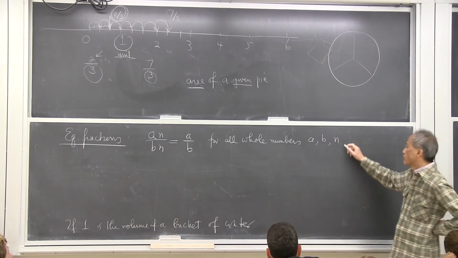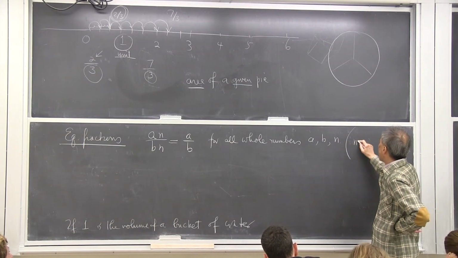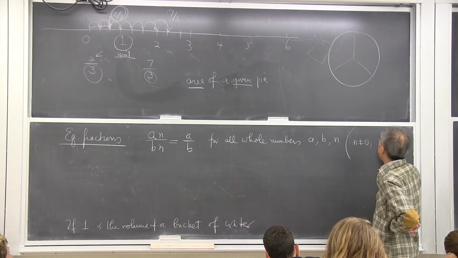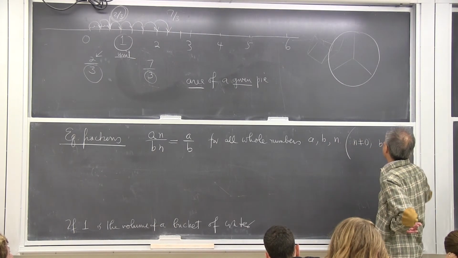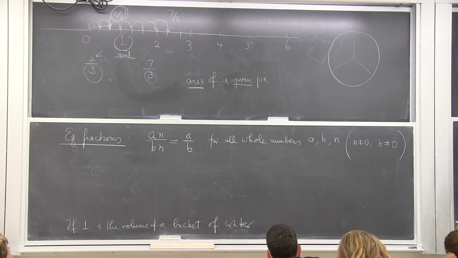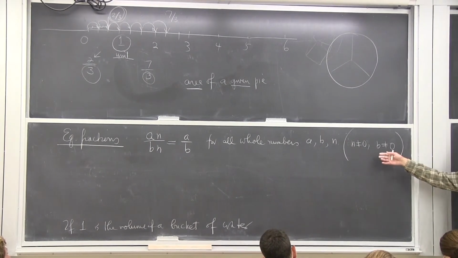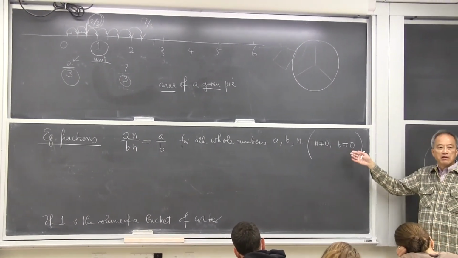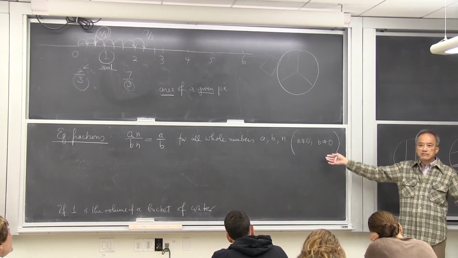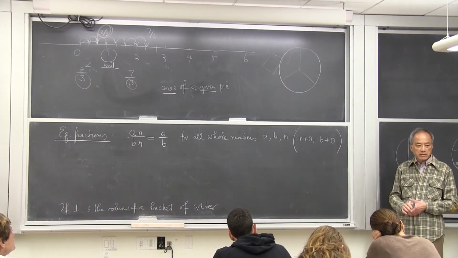So strictly speaking, N is not 0 and B is not 0, right? After a while, we'll have good rapport and understand each other perfectly, then I'll probably begin to slip and not bother to say it. But until that point comes, I'll try to be careful.